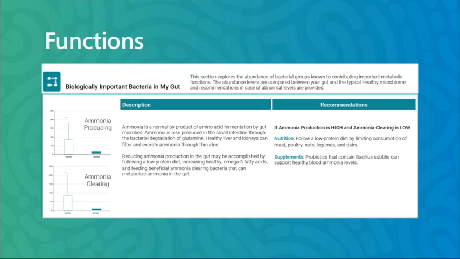And so, as a result of that, we'll want to know that we should watch how much protein we have in the diet. And we can take certain probiotics that contain Bacillus subtilis, for example, that can help support healthy blood ammonia levels. And so you can see how very helpful looking at functions in this way can be when you're building your gut healing program.